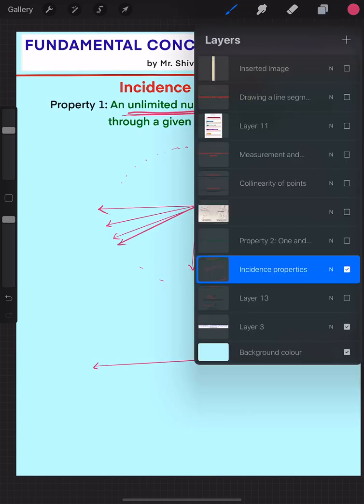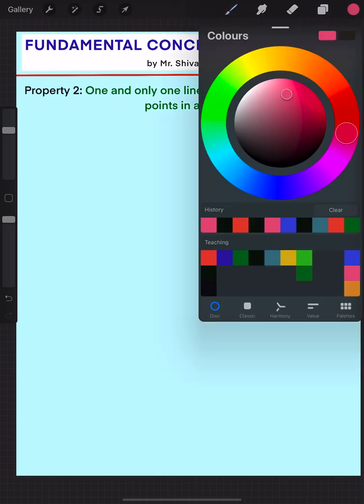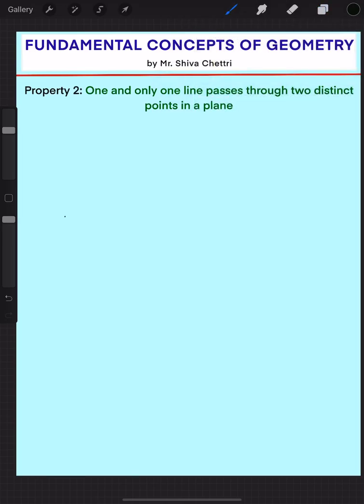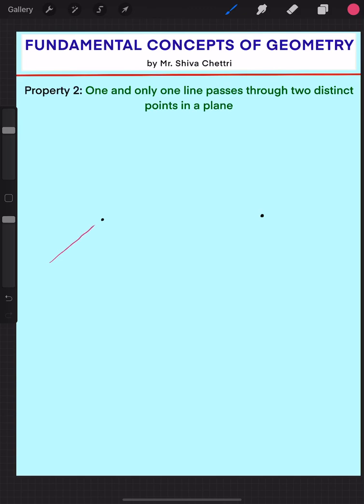So the next property is: one and only one line passes through two distinct points in a plane. It says that if you have 2 points on a plane, how many lines can be passed through these points? Let us see. Suppose I draw one line here and elongate it. This line is there.